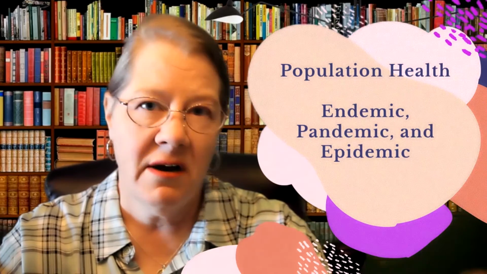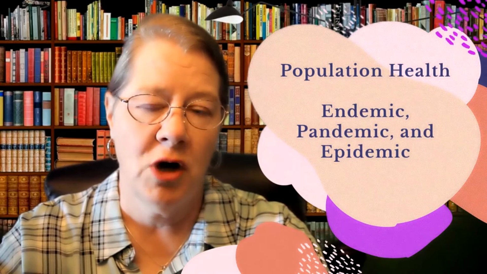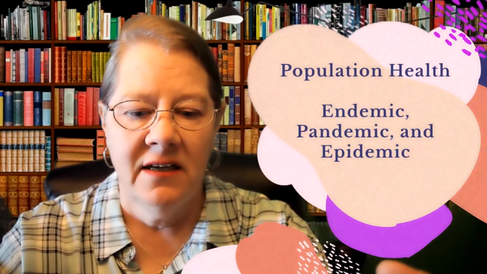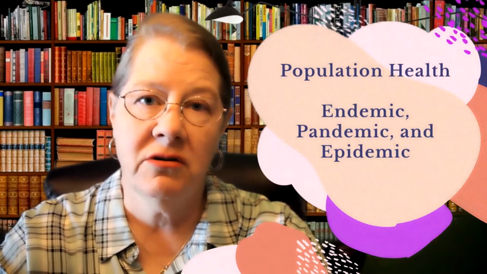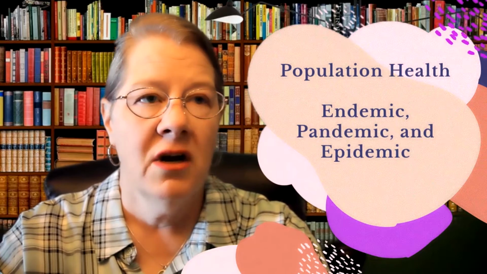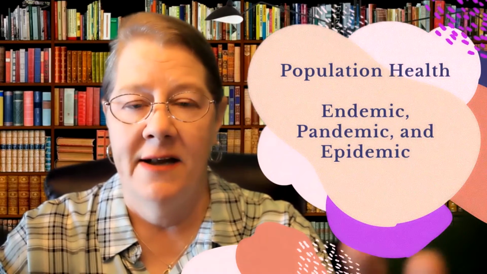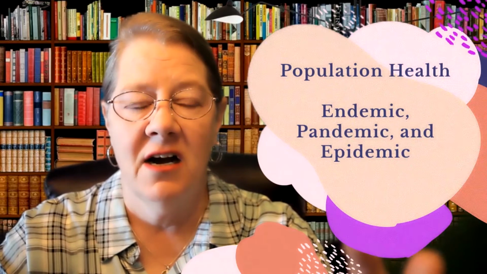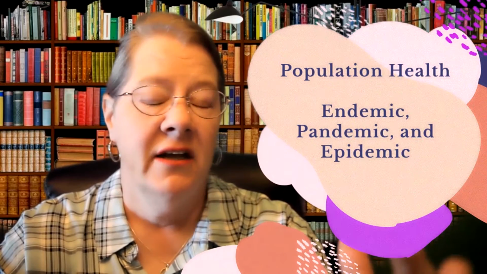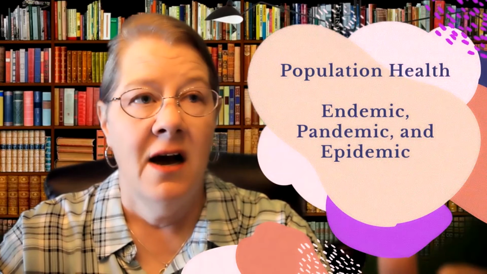Endemic is that we're talking about a certain disease process that is endemic to a certain geographical area or to a certain location. For example, malaria. That's a really easy one to look at. You can look at certain areas in Africa and malaria is huge, right?